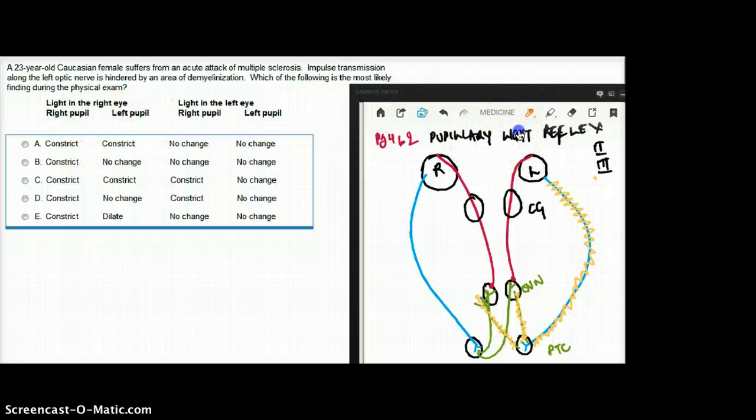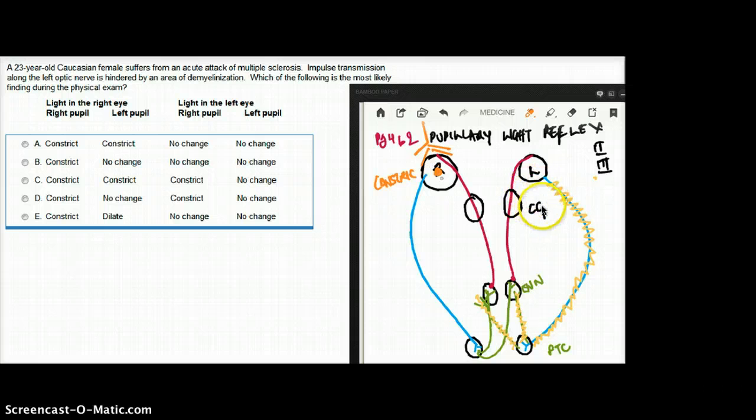Here we are shining the light on the right eye. What's going to happen to the right pupil and the left pupil? The right pupil is going to constrict because there's too much light, because there is no problem with any kind of demyelination.